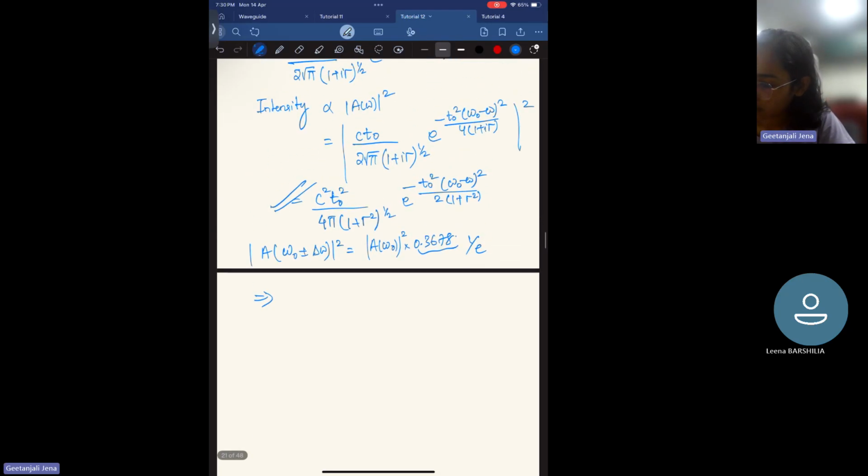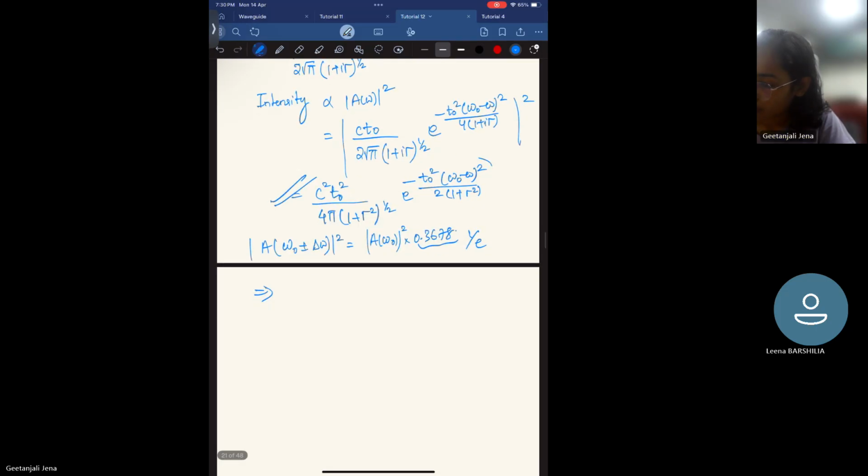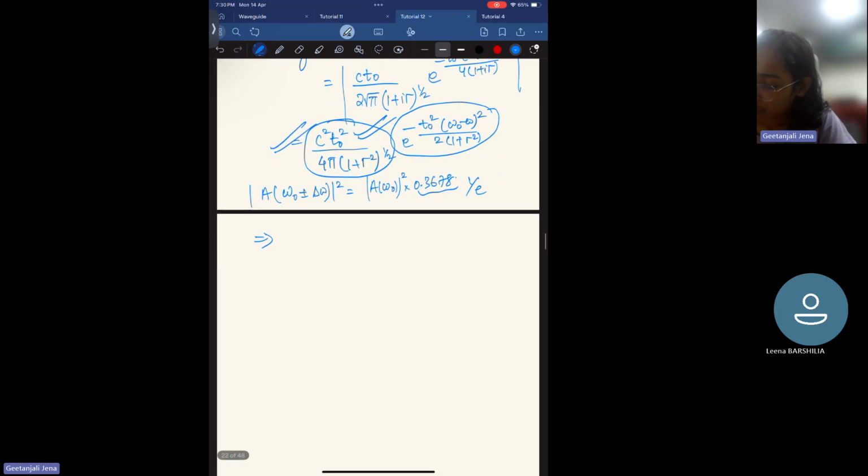So now the constant term will cancel on both sides because the maximum value is this much, right? So this will be exponential minus T0 squared, and omega 0 minus omega is nothing but delta omega, squared, over 2 times 1 plus gamma square, is e to the power minus 1.